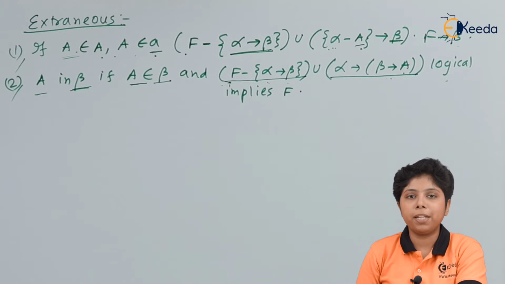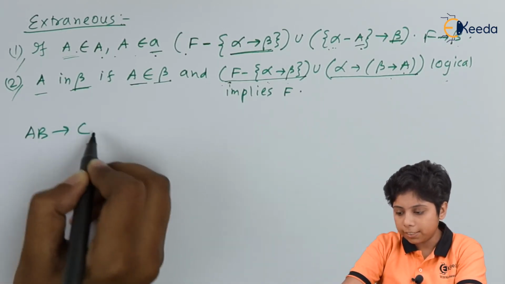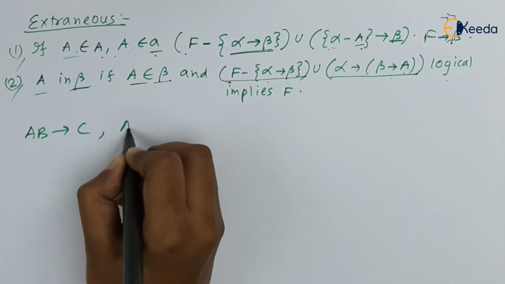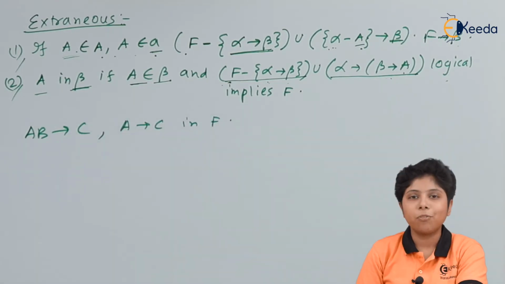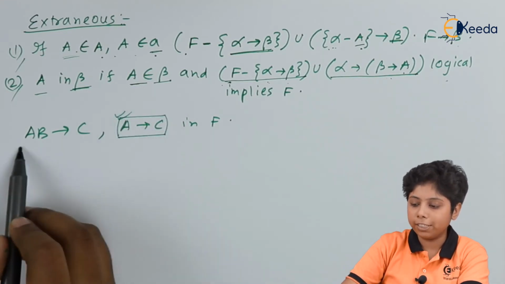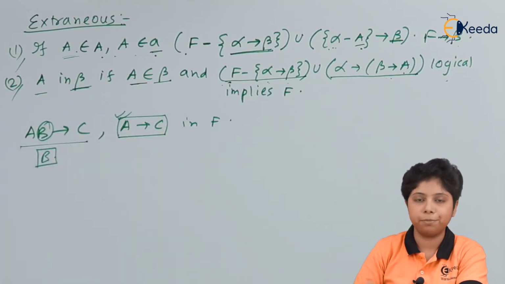For our example, if there is a functional dependency AB defines C, and we also have A defines C, then A defines C is already enough for this definition. So B is an extraneous attribute here.